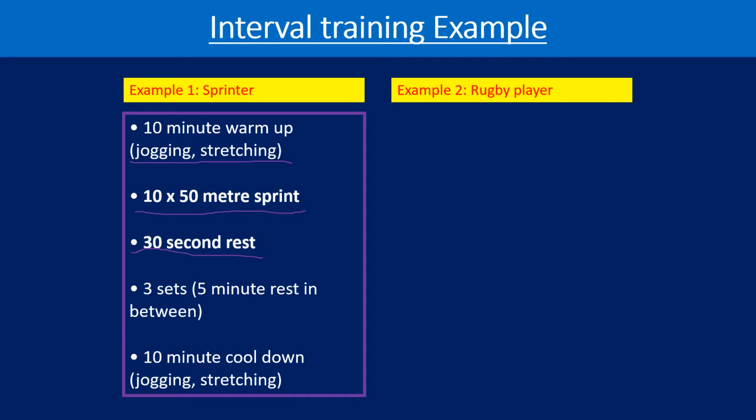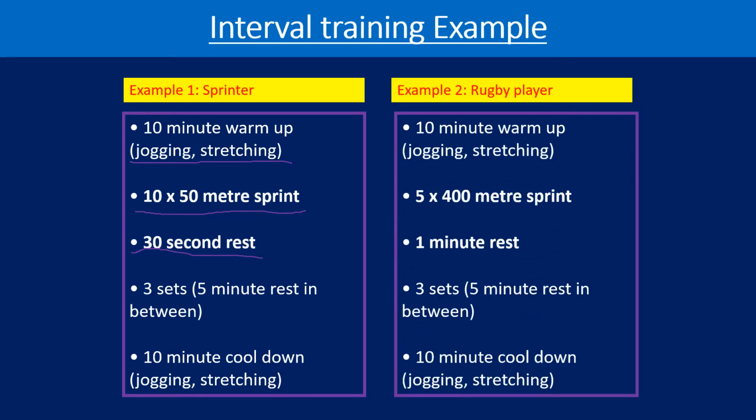The next athlete that we're going to look at would be our rugby player. If we take our rugby player, we can see the immediate difference is the distance that they would be running. So our rugby player, where they are an invasion games player and they would need to cover more distance while they are competing, they would be covering more like 400 metres just because it's more game realistic to them.